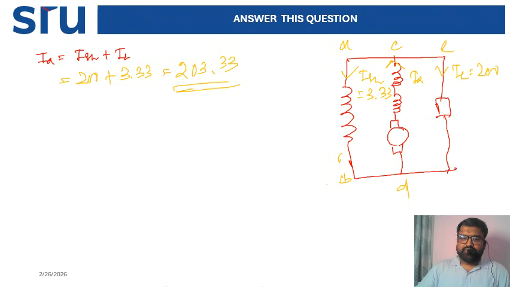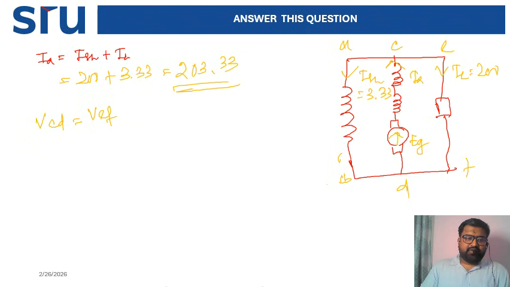Okay. Now one condition to write down, that is your VCD equal to VEF, right? Now in case of VCD, if I am talking about VCD, then first write down the formula.